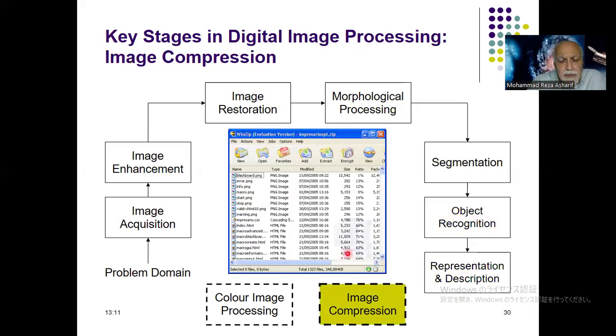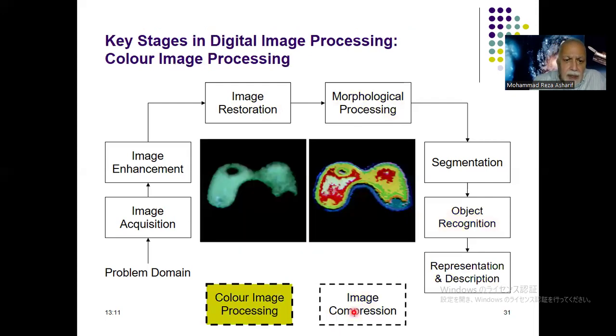Image compression, of course, you are familiar with this kind of thing. Image compression is useful because you compress the data and then you can send or store it. Color image is very important. For instance, this is a photo of a phantom, for X-ray or something like that, then you make a false coloring.